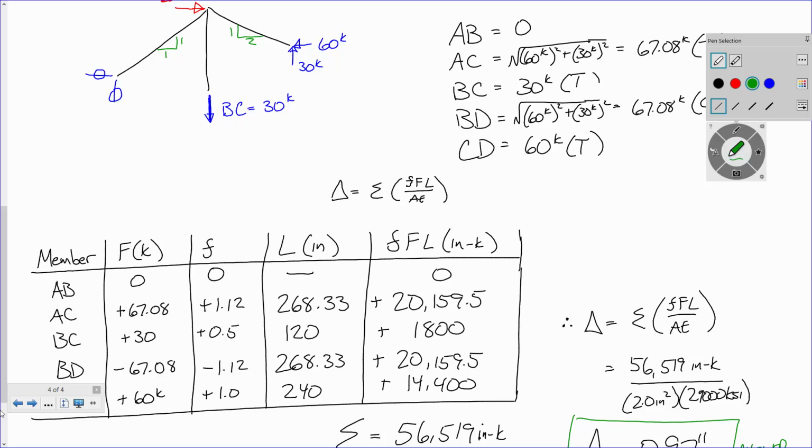If you assume the wrong direction and C actually deflects upward, then these will all be opposite signs, because it all goes back to that fundamental tenet. You assume the direction, and if you're wrong, the answer comes out negative. Okay? So if all these signs are opposite, it's positive times negative, negative times positive, and so on. Does that make sense? So that's why that is what it is.